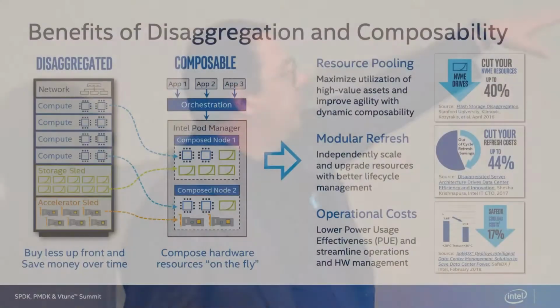By slicing that SSD up and giving a small piece of it to an application that wants high IOPs or high performance, and then leaving the rest of the capacity to go to something that wants less, may be the most efficient way of using that SSD rather than stranding resources. But in order to do that, of course, you have to have an interconnect that provides the latency and the bandwidth in order to do it. So that's kind of on the resource pooling.